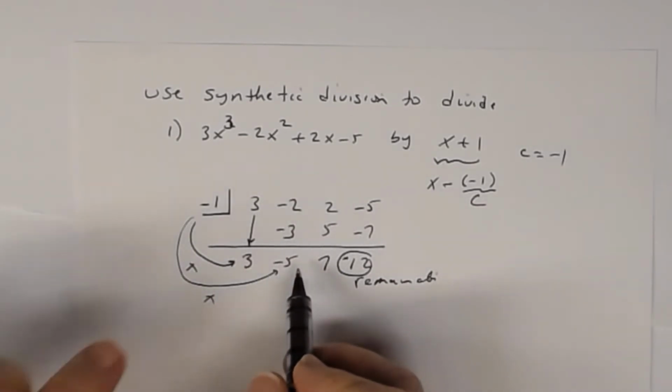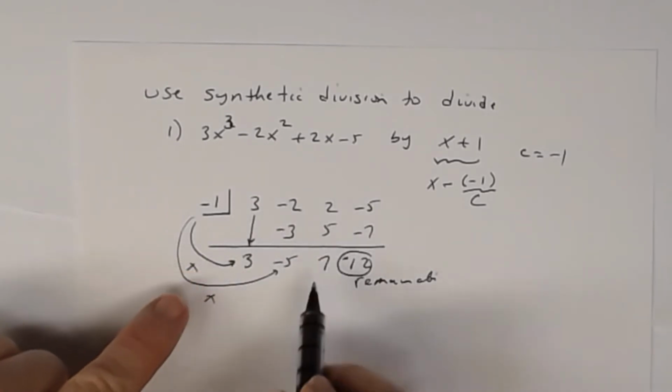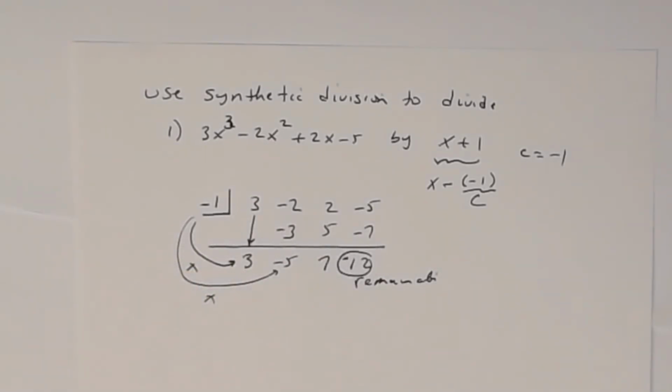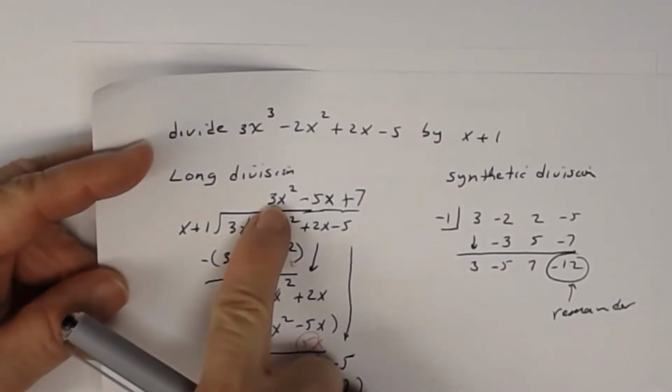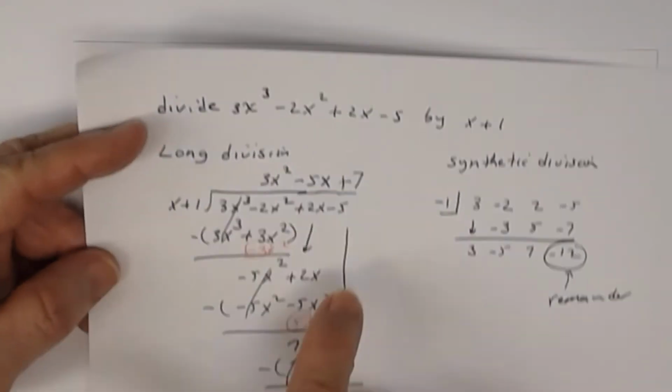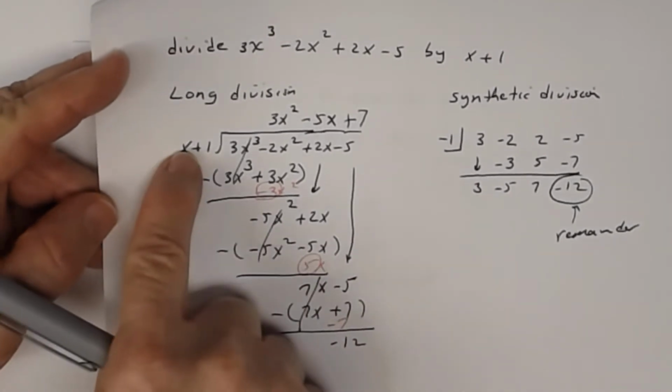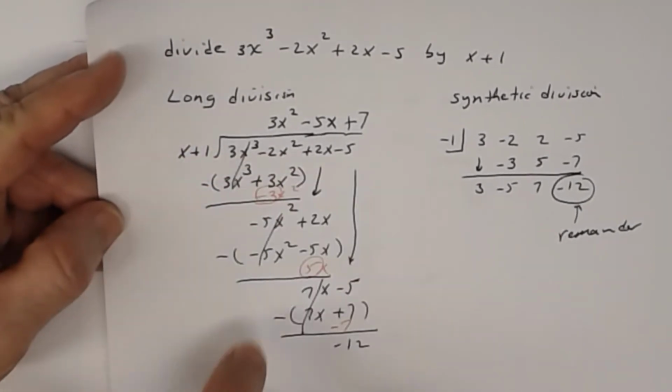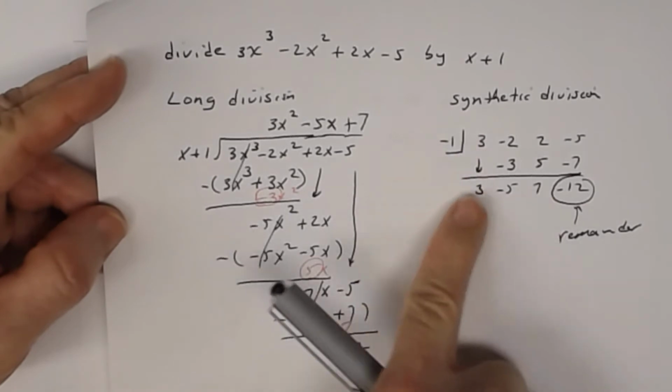Now, the problem with this for some students is they don't see any variables. In long division, you actually see your quotient, your remainder, your divisor, your dividend. You see all of it. Here you don't.